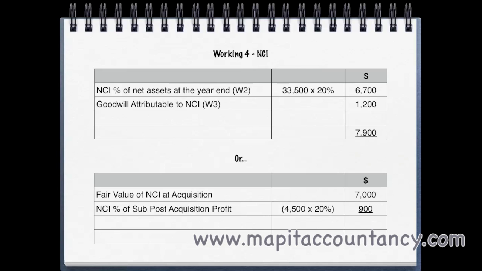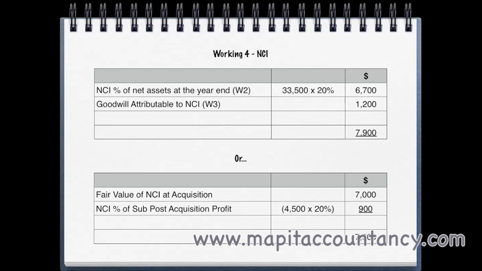Remember, we worked out that the post-acquisition profit for the subsidiary was 4,500 in working 2, and we multiplied that by 20%. So 4,500 by 20% will give us 900. If we add those together, we get the same value as we did in our first working, 7,900.